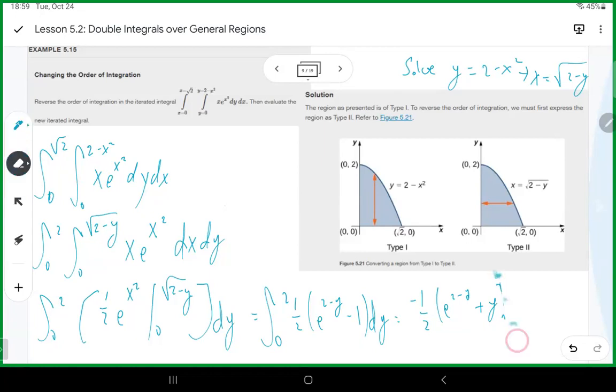So then you end up with an answer 1/2 e squared minus 3.